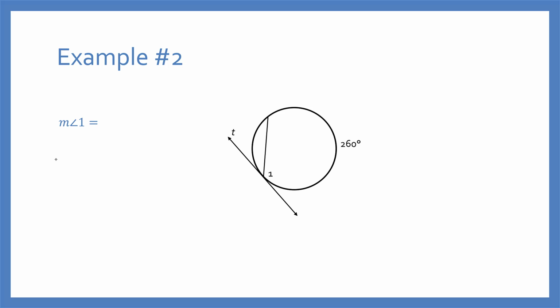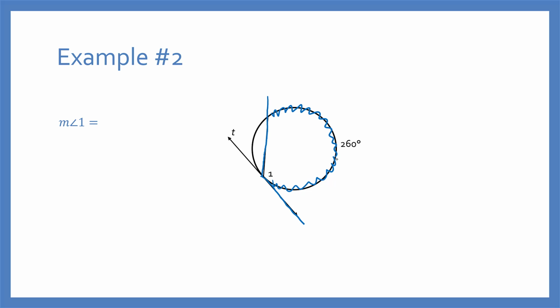Here's a slightly more simple problem, but it looks very different. Okay? It looks different because we have a tangent here on the outside, but it's the same process. Here is my angle 1, which means my intercepted arc is all of this out here, which is 260 degrees.